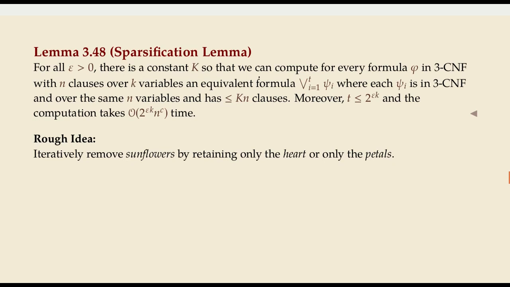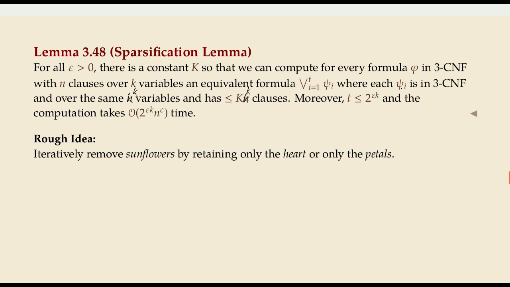And for any such combination, we can compute, for a 3CNF formula that has n clauses and k variables, where we don't know how these two relate, an equivalent formula that is the disjunction of 3CNF formulas. So now we have an additional quantifier outside. But each of these psi i has the same k variables and at most c times k clauses.